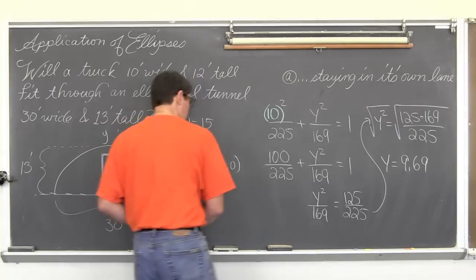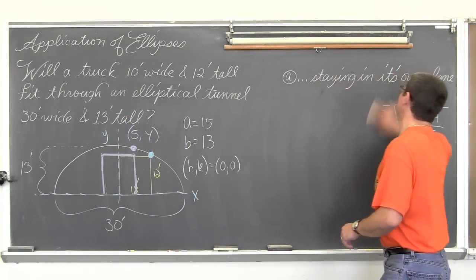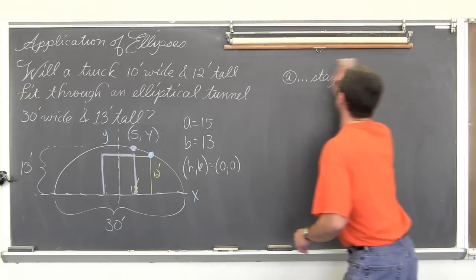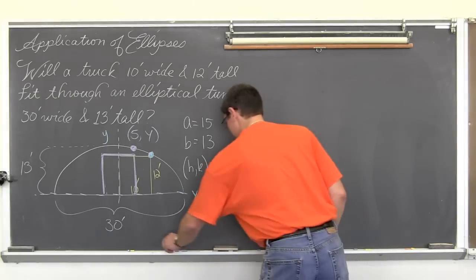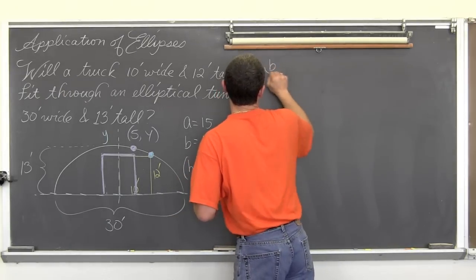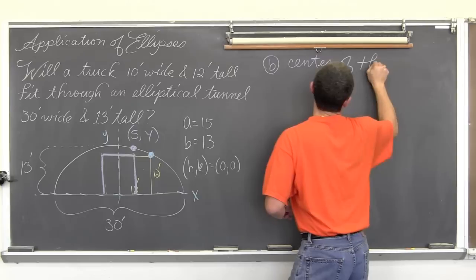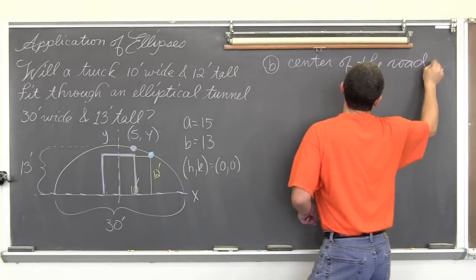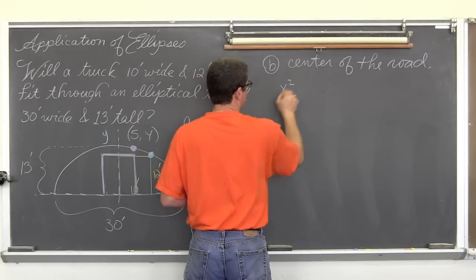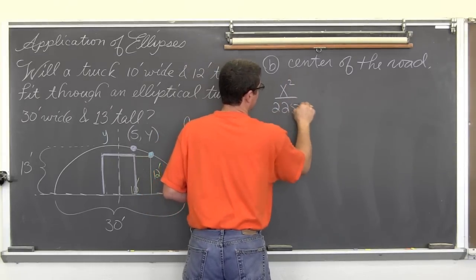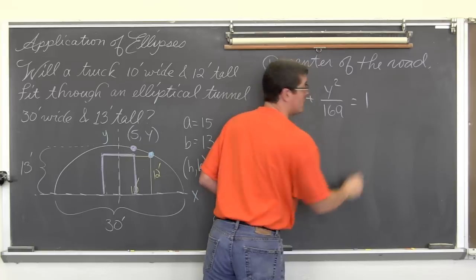So let's do this question again, only this time having the x value be 5 instead of 10. So part B, center of the road. Okay, well, our equation again was x squared over 225 plus y squared over 169 equals 1.